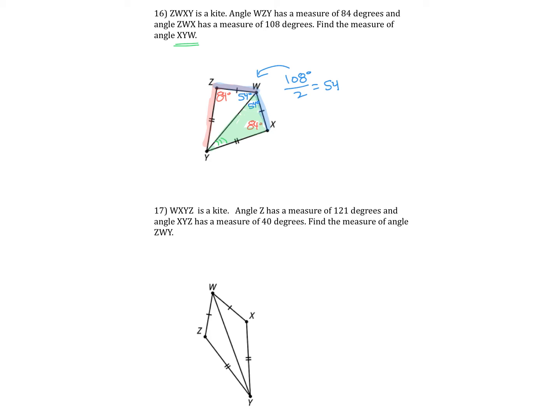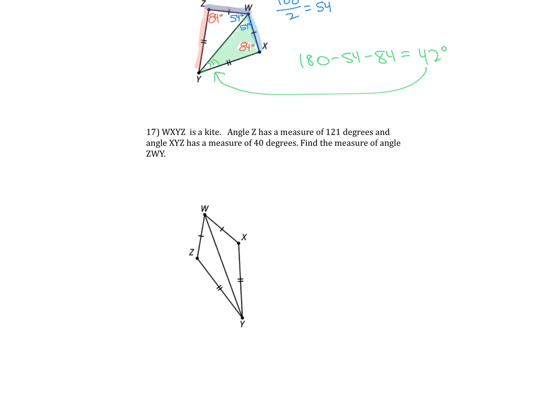So I'm going to use that. 180 minus the 54 minus the 84 would leave me with 42 degrees for angle XYW. So let's take a look at the next problem, which is done in a very similar way.